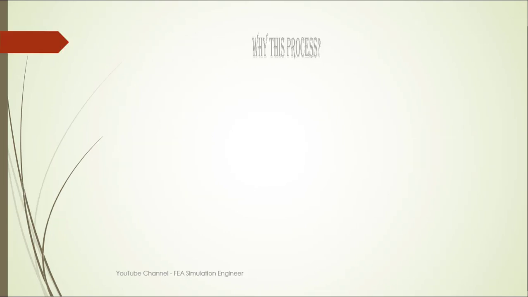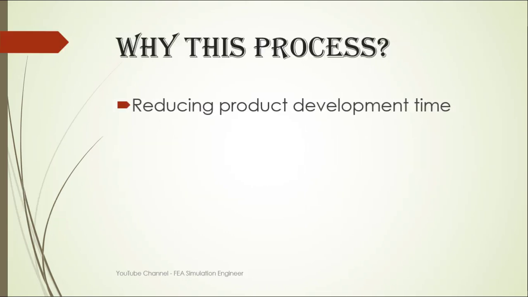Why this process? Why is 3D modeling to 3D printing very important in real-life situations? It reduces product development time and reduces wastage of material, because you need not do the complete manufacturing process.